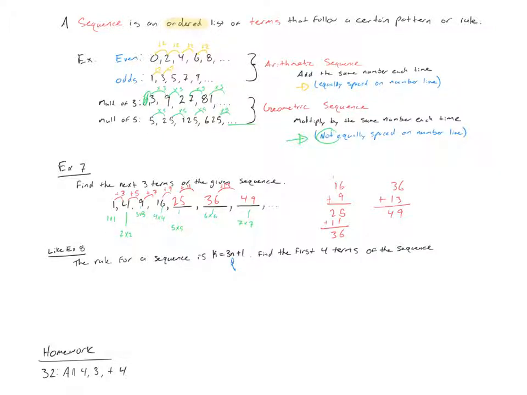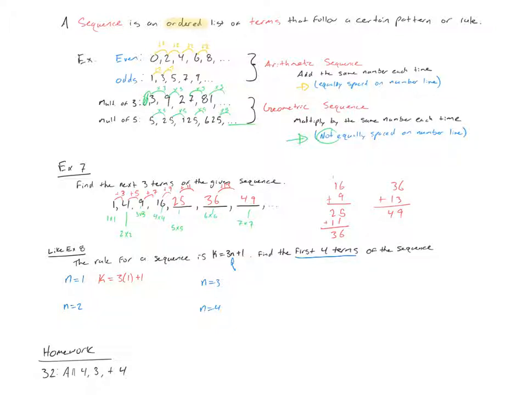What we're going to do is we're going to plug in n is equal to 1, n is equal to 2, n is equal to 3, and n is equal to 4 because I want the first 4 terms. Okay? I'm going to see what that k is. So here we go. So k is equal to 3 times 1 plus 1.